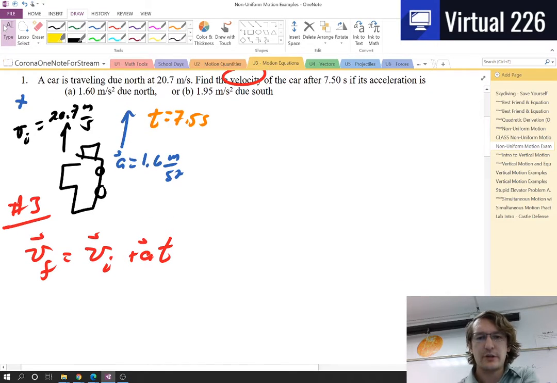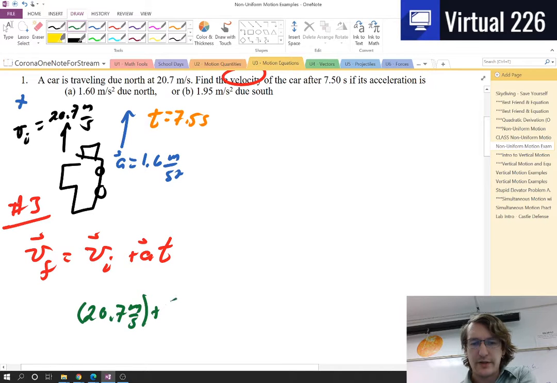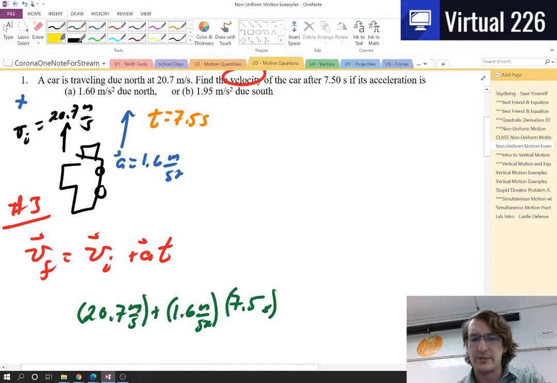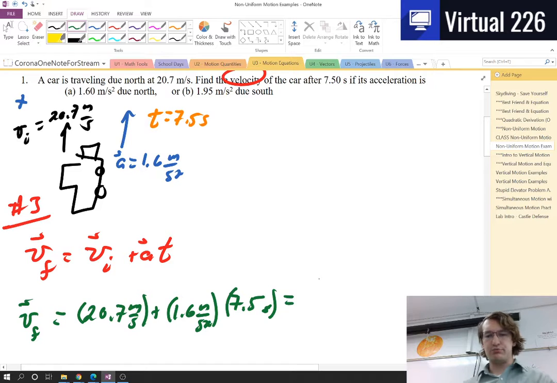Our initial velocity is 20.7 meters per second, plus the acceleration of 1.6 meters per second squared multiplied by a time of 7.5 seconds. A second is going to cancel out, and we get meters per second plus meters per second, which is what we need. It will give us a final velocity.